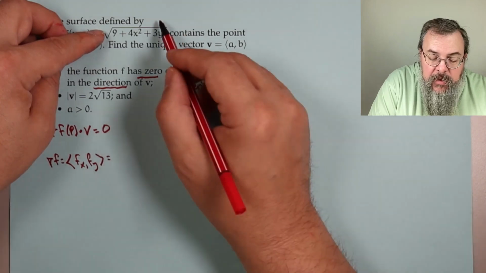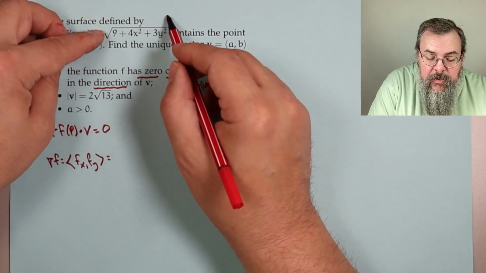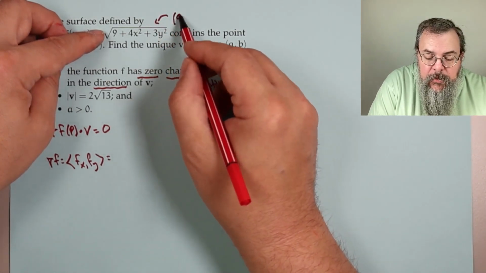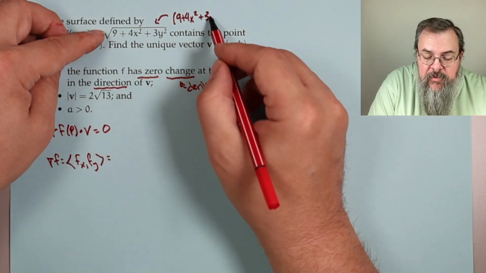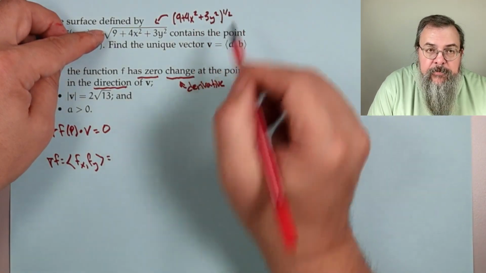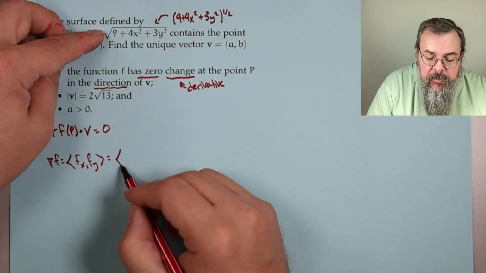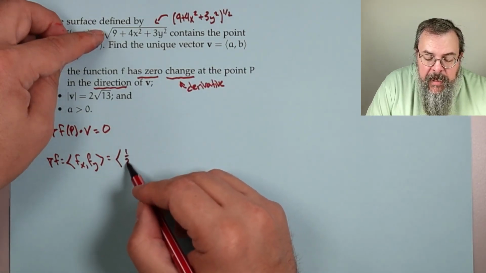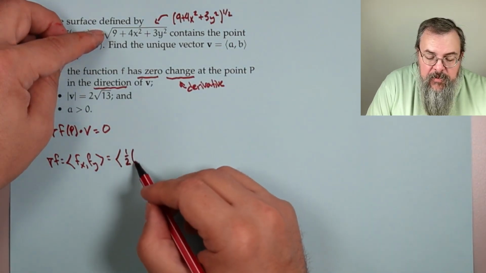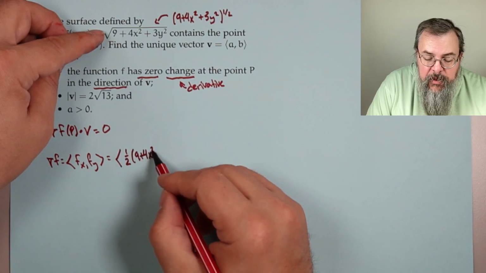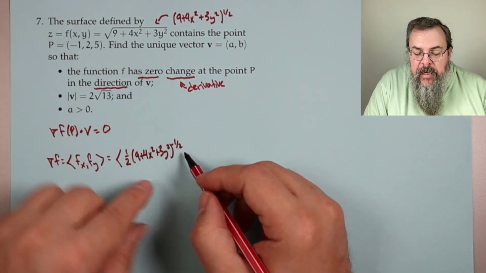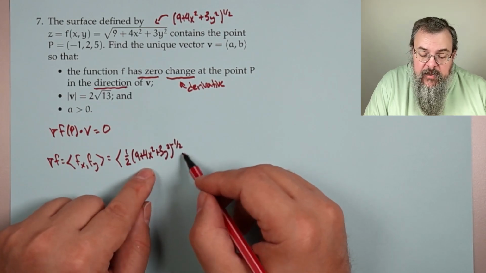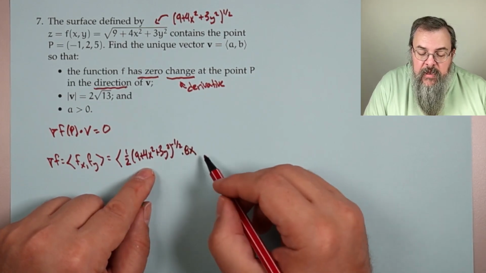If we are going to take this derivative, we rewrite it to be calculus friendly, 9 plus 4x squared plus 3y squared to the 1/2. So the derivative with respect to x is 1/2 times 9 plus 4x squared plus 3y squared to the -1/2 times the derivative of the inside with respect to x, which is 8x.